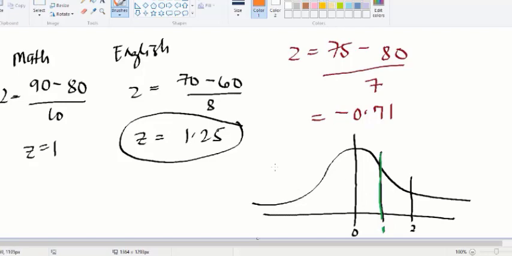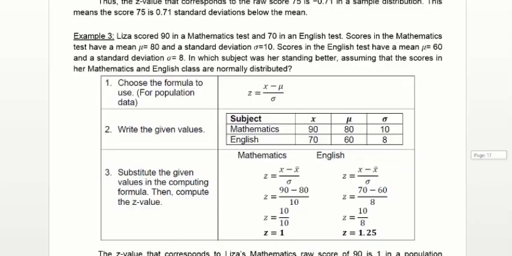And then, ang English naman, andito siya banda. Okay, so that is your 1.25. So, obviously, mas mataas ang English because it is 1.25 standard deviations above the mean. This is your mean. Okay? So, indeed, you can conclude that mas maganda yung performance niya sa English.